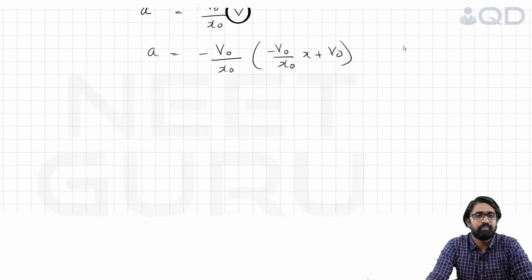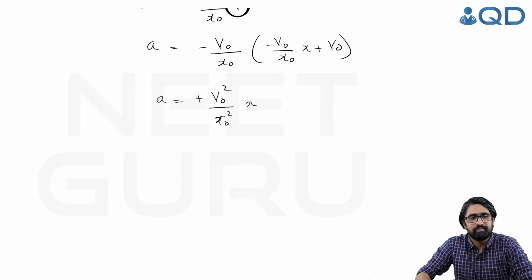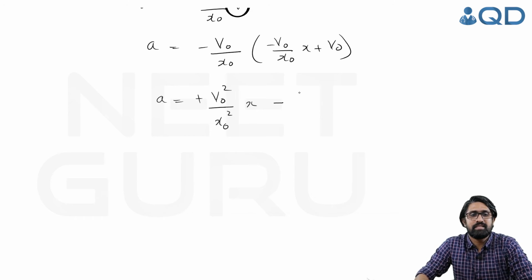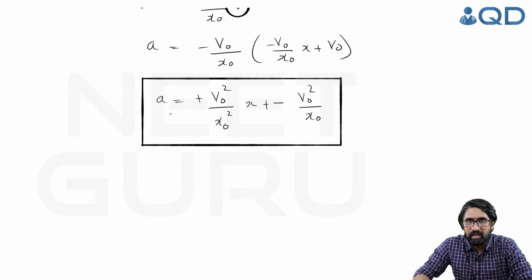Now on expanding, we have a is equal to plus v0 square by x0 square x minus v0 square by x0, or I can even write it as plus minus v0 square by x0, and that is on expansion. Now we have an expression here for acceleration in terms of displacement. That is exactly what we need, a in terms of x.